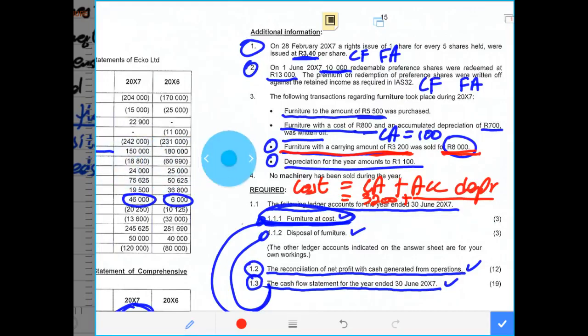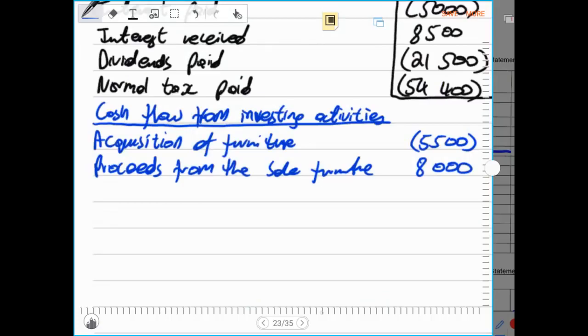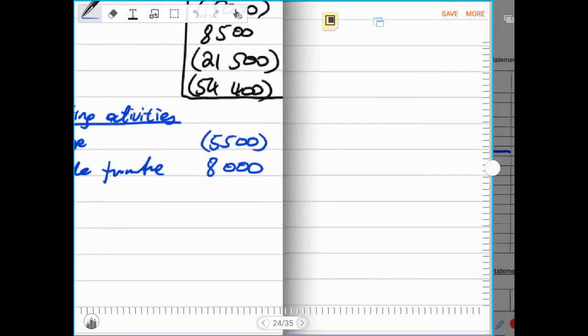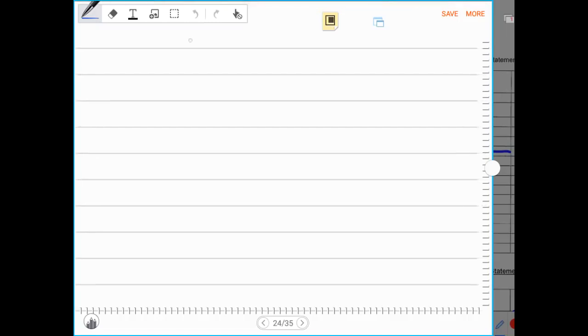That is why we have to open the ledger account for accumulated depreciation. So let us open the ledger account for accumulated depreciation on furniture.